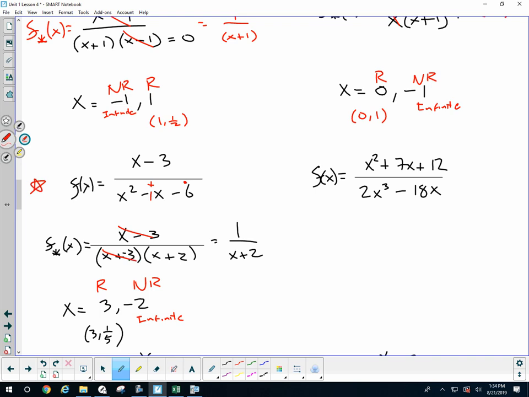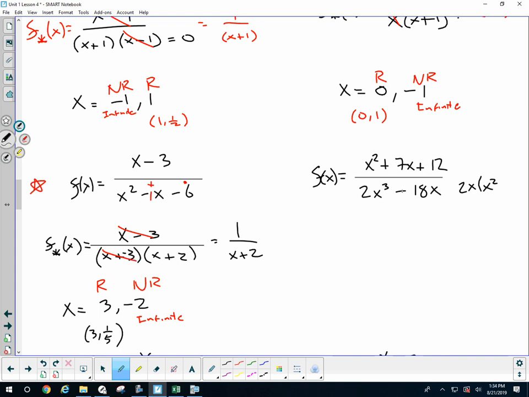Okay, let's do the next one. Now, the next one, we've got a couple steps in the factoring of our denominator. My first step would be to factor out the greatest common factor. 2x can be divided out of 2x cubed and 18x. So if I divide 2x out of 2x cubed, I have x squared.